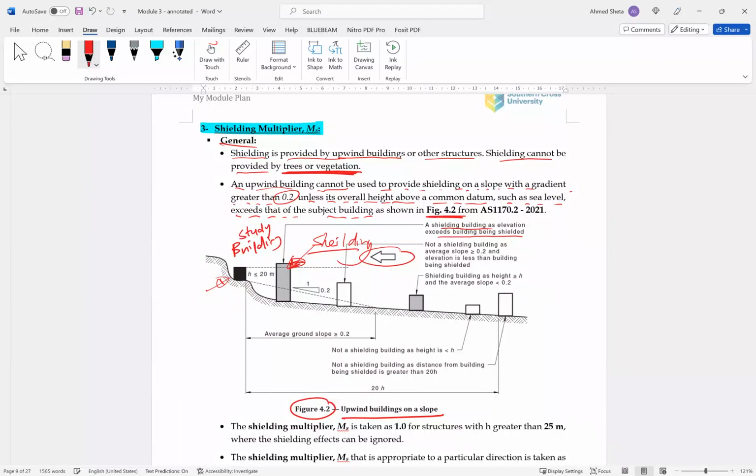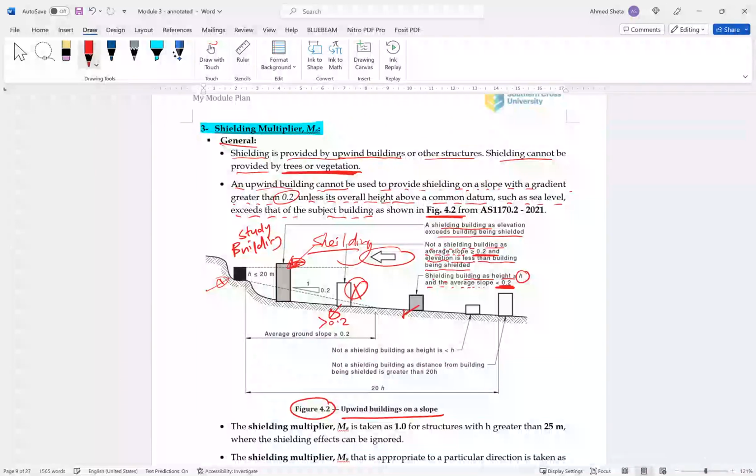This one no shielding because the average slope is more than 0.2 and elevation is less than the building being shielded. This one is a shielding building as height is more than h and the average slope is less than 0.2. This one is on a slope more than 0.2, so it doesn't do any shielding.